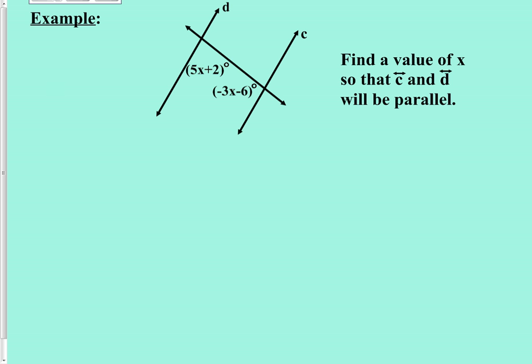But we can be given the instruction, we want line C and line D to become parallel, so there must be a value of X that would let that happen. So discover the value of X that needs to happen in order for these two lines to be parallel.